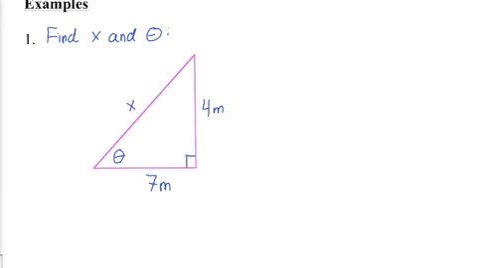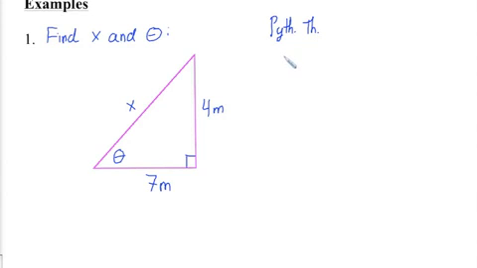I've been given a right triangle, and I want to find the missing side, which in this case is the hypotenuse, and theta. Well, the missing side's the easiest part to find. We just use Pythagorean theorem to find x. In this case, x is the hypotenuse.